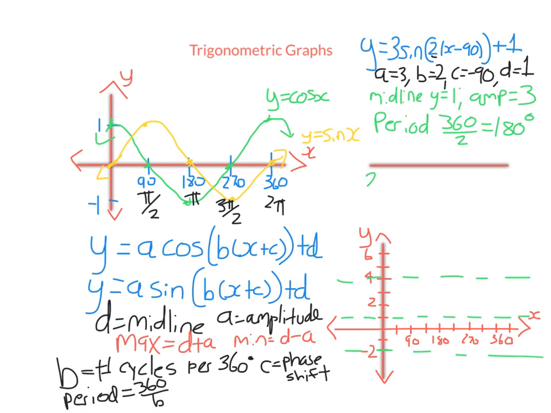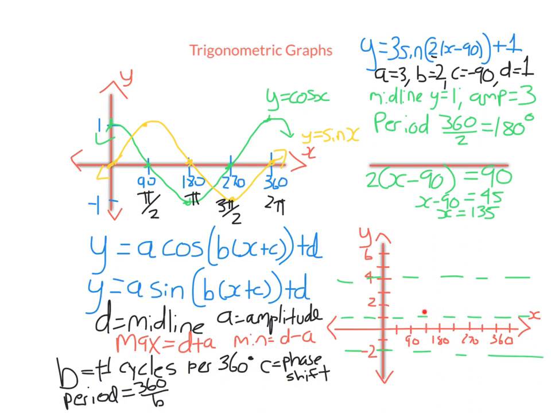So if I solve the equation 2 outside of x minus 90 equals 90, we can divide each side by 2 and then add 90. I get x equals 135 degrees. So this graph will be at a maximum at 135 degrees.